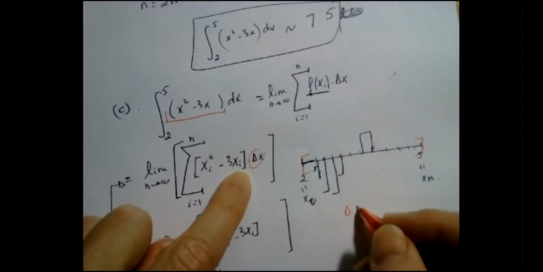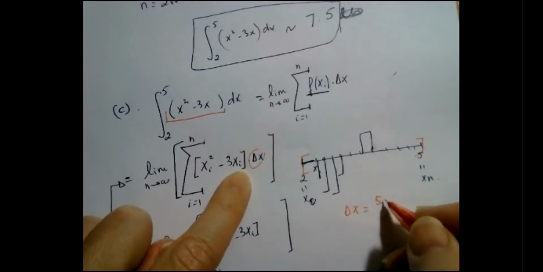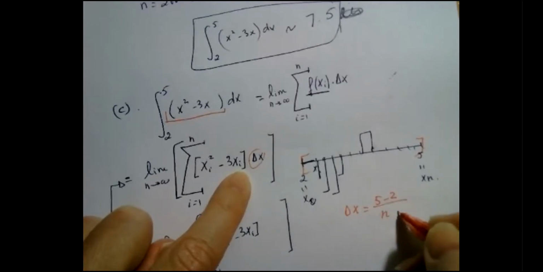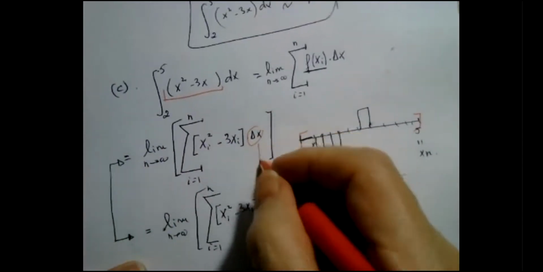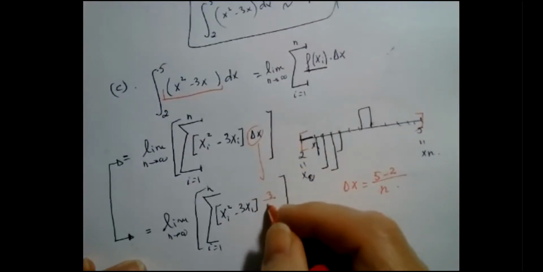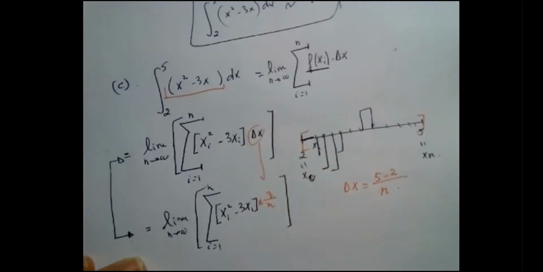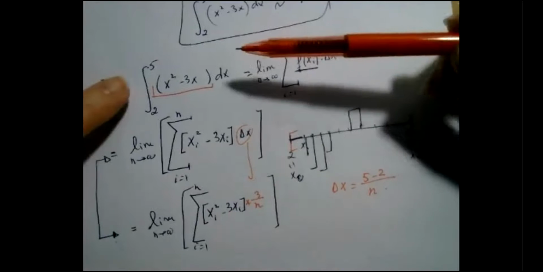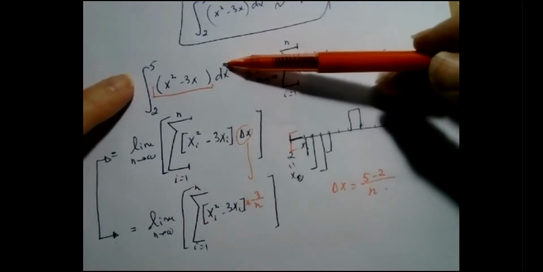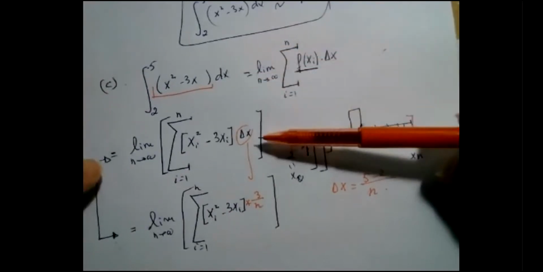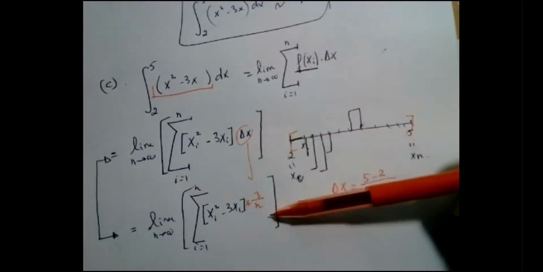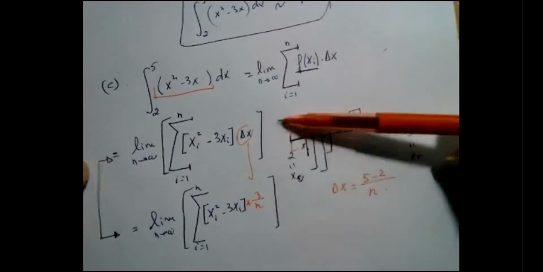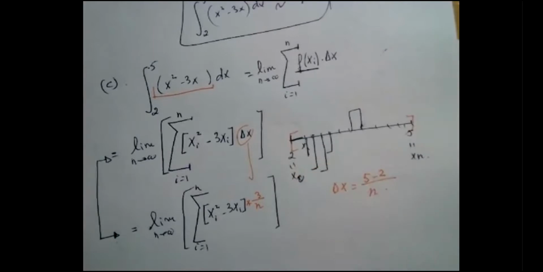So the delta x is 5 minus 2 divided by n, which is 3 over n. If I ask you to write the integral as a limit of Riemann sums, I'm expecting you to write it this way and that way. I want both ways of writing. That's really what I mean by that.